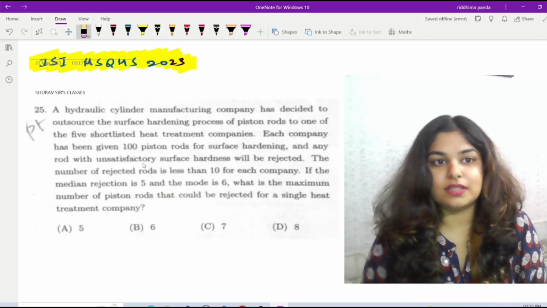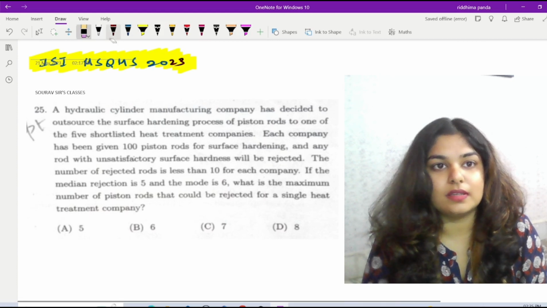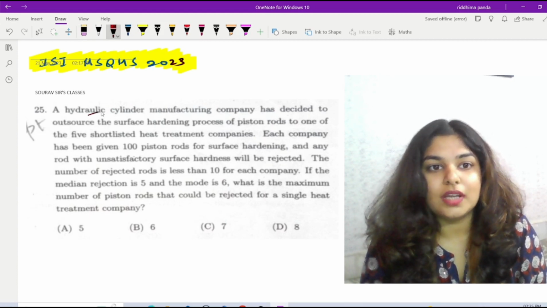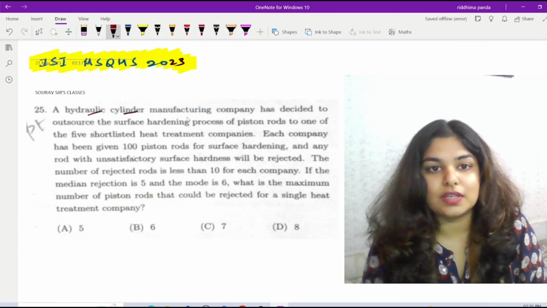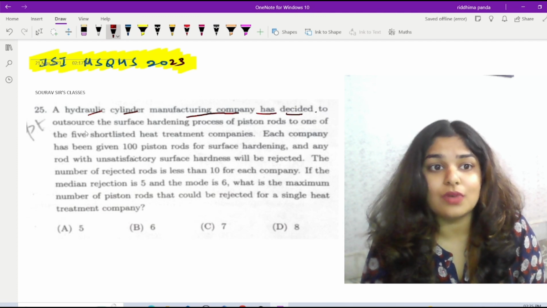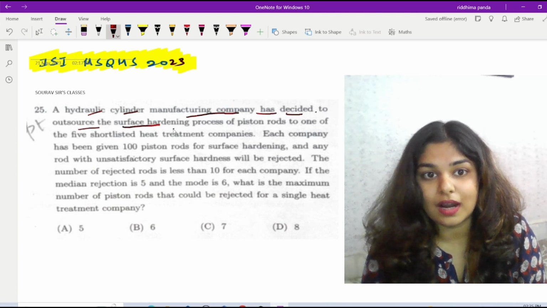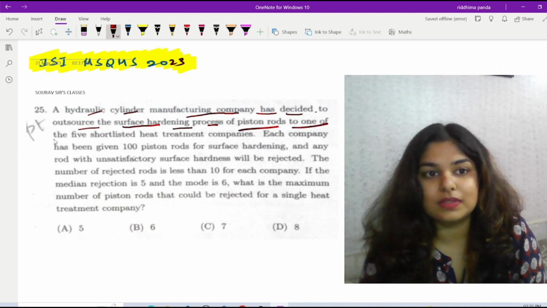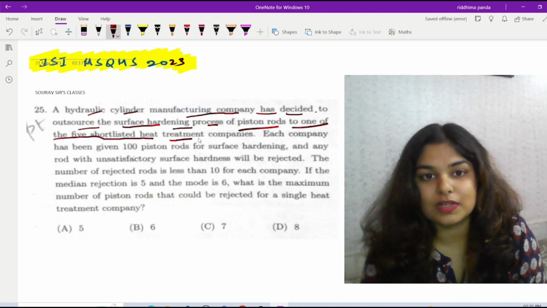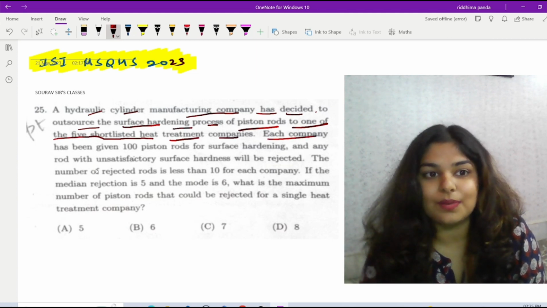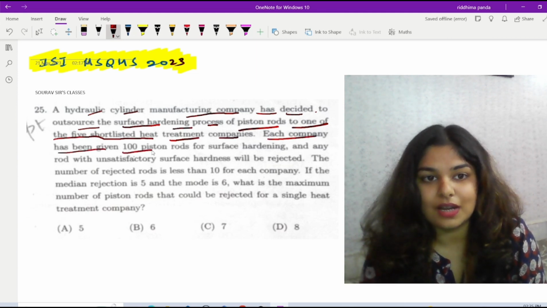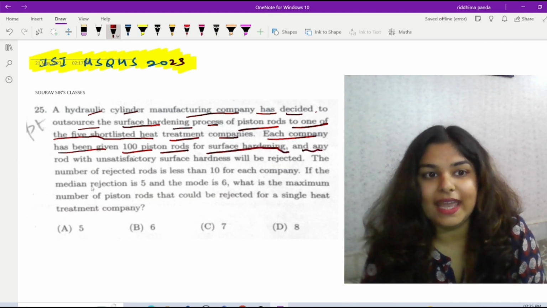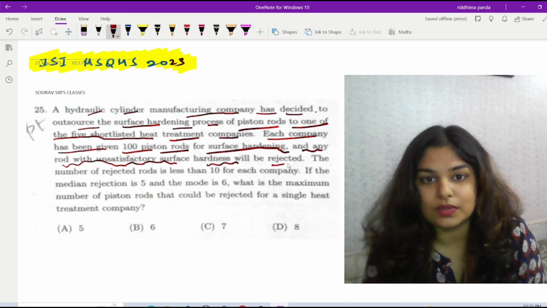So question number 25 in front of you is: a hydraulic cylinder manufacturing company has decided to outsource the surface hardening process of piston rods to one of the 5 shortlisted heat treatment companies. Each company has been given 100 piston rods for surface hardening, and any rod with unsatisfactory surface hardness will be rejected.